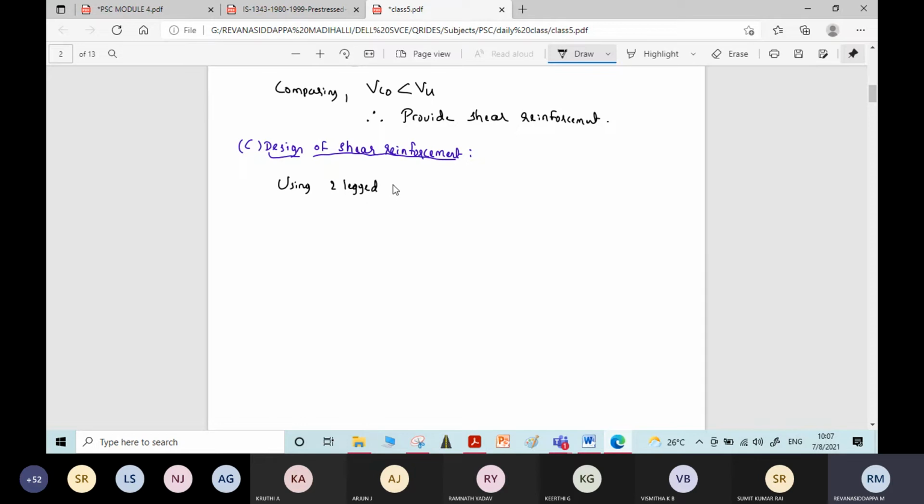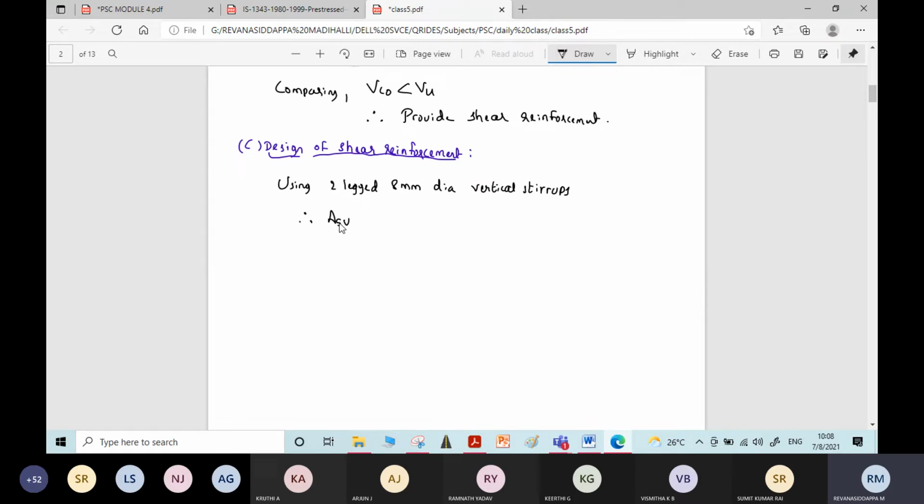Usually the stirrup diameter will be taken as 8 mm or 6 mm. I'll take 8 mm: 2-legged 8 mm dia vertical stirrups. Therefore, you find the area of vertical stirrups.